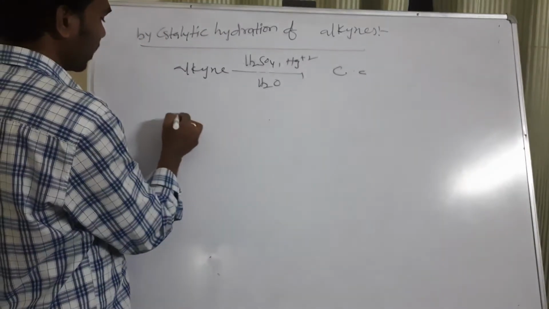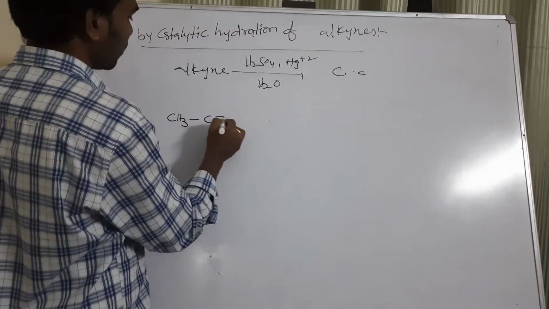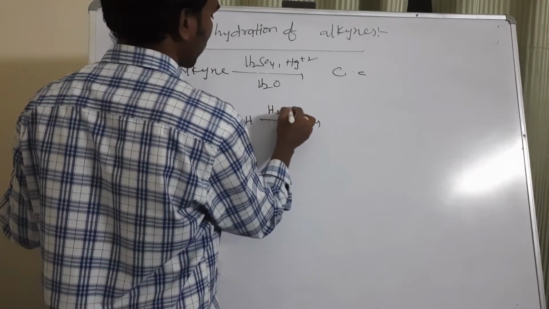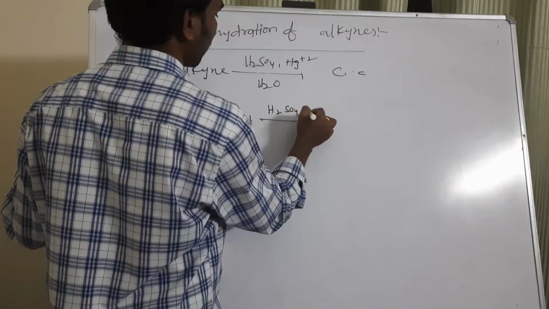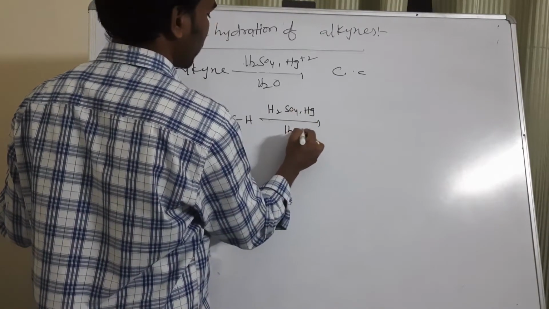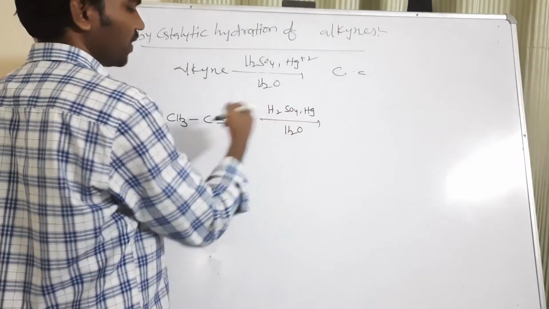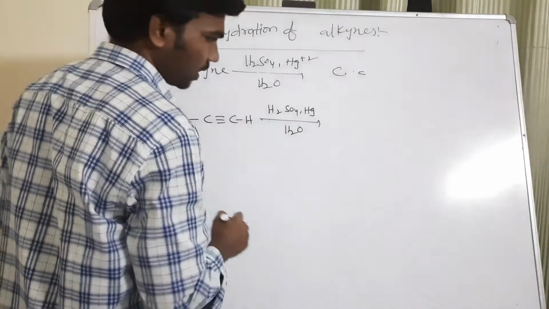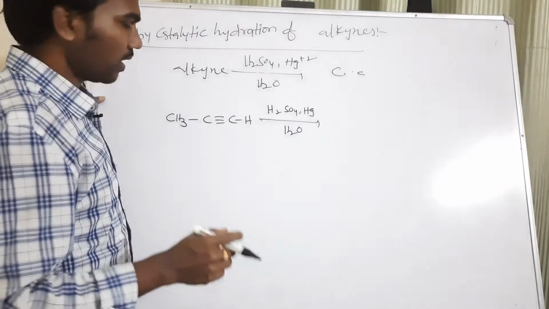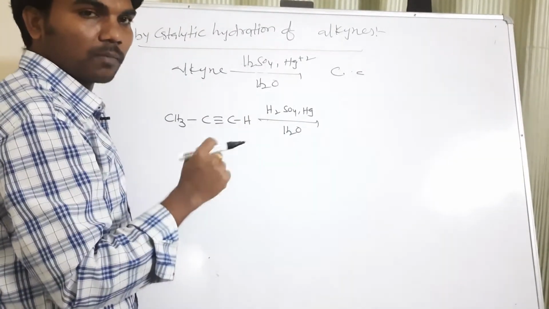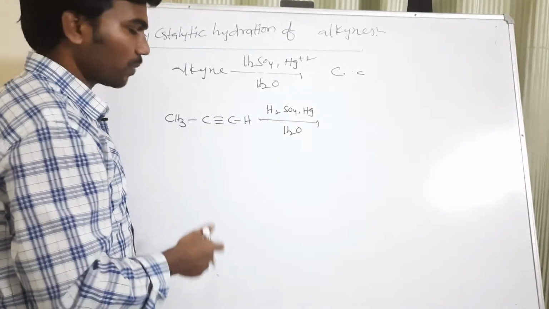For example, I am taking CH3C triple bond CH. When I take H2SO4 and Hg, in the presence of H2O, just imagine here that the Markovnikov rule is not strictly applicable, but based on the Markovnikov rule only, we can get the product easily.